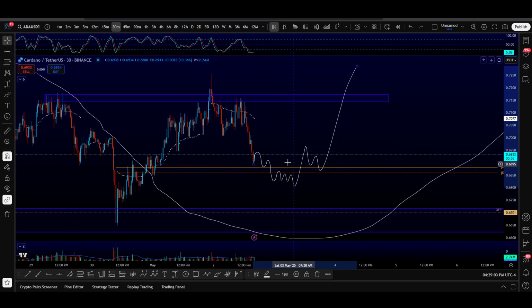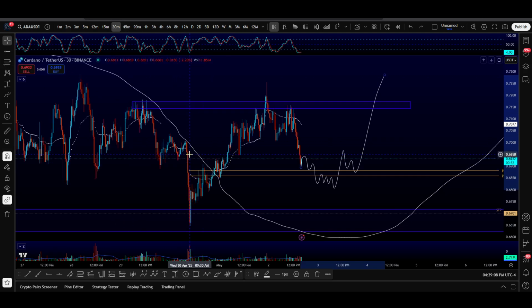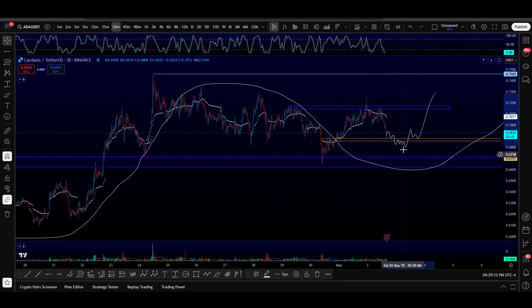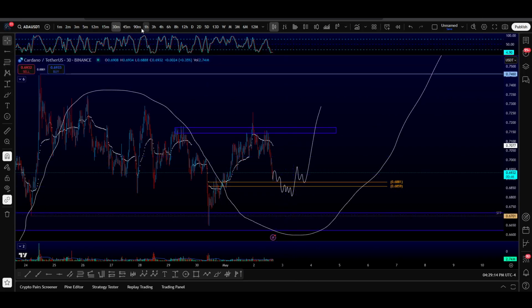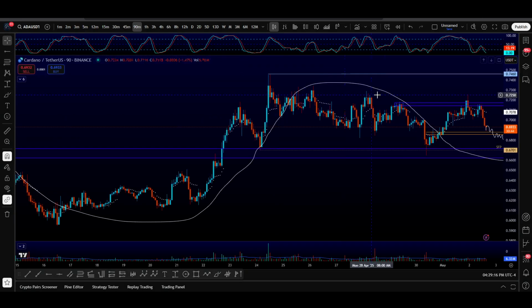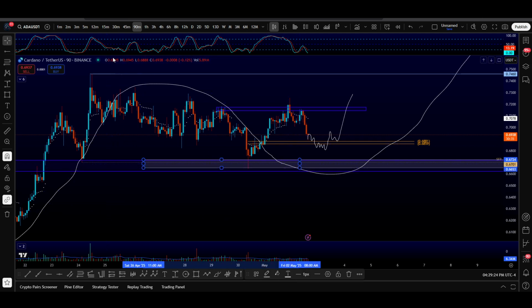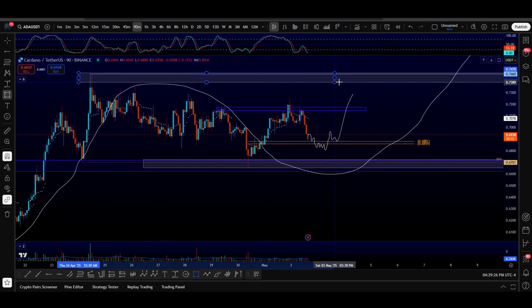But this is an interesting area to look for a long, not the best, but it is an interesting area. But the best areas obviously would be range lows, right? You always want to try to get into a long at the lows, all right? And you want to try to get into your shorts at the highs.